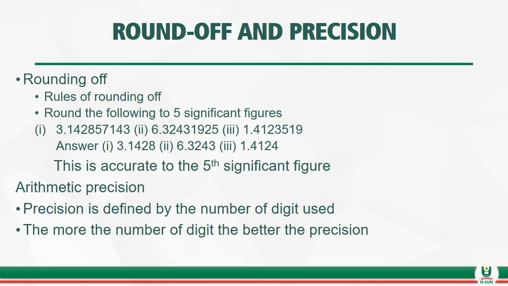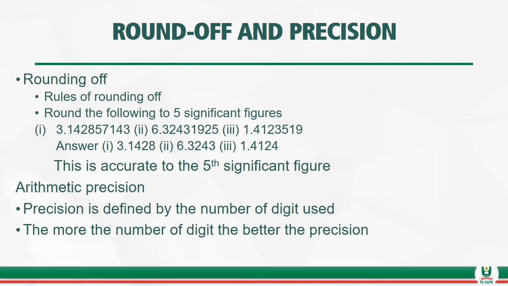For the second example, we have 6.32431925. If we are to round to 5 significant figures, we take 6.3243 and we truncate 1925. And 1, which is the number that follows 3, is less than 5. Therefore, we add nothing to 3. So we have 6.3243. On the other hand, if we are to round to 5 significant figures 1.4123519, we count the first 5 significant digits, which is 1.4123.